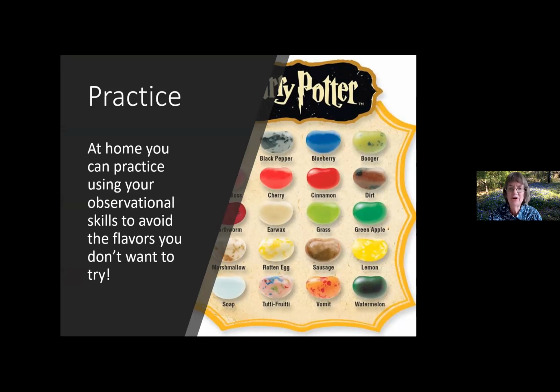I've played a game where you have to eat those things. They are horrible. Some of them are really foul. But I do have a way to help you find the good ones. I'll put it up at the end of this because it'll take me too long to find it. Zoom is a little funny with how you find files, but I'll put it up at the end.